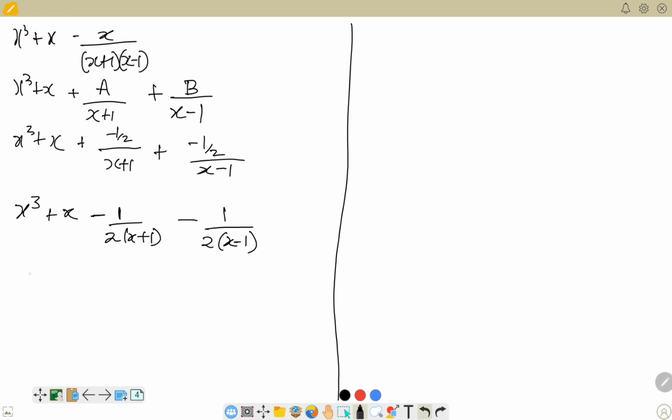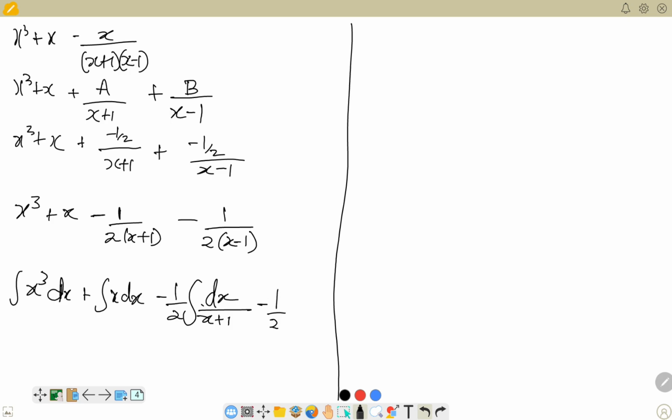So we can integrate now. x to the power 3 plus x dx. We should always put the dx when we're integrating. So 1 over 2, we can take it outside the integral. Then we'll have dx over x plus 1. We take it outside the integral again, we'll have dx over x minus 1.